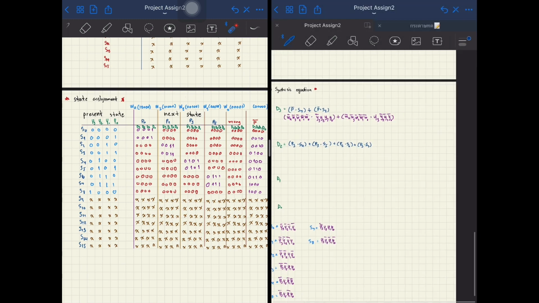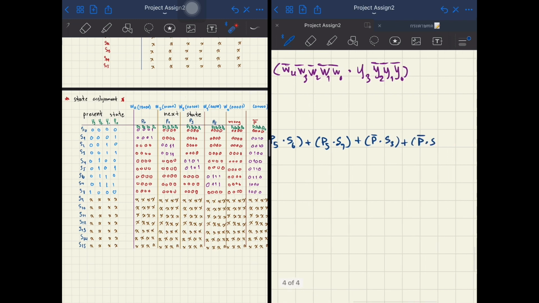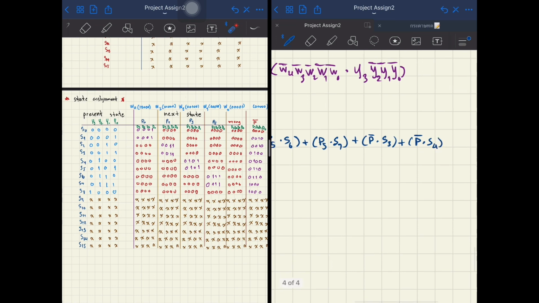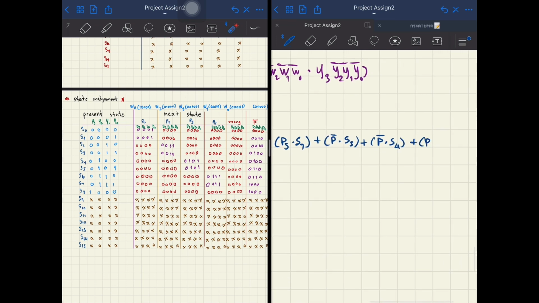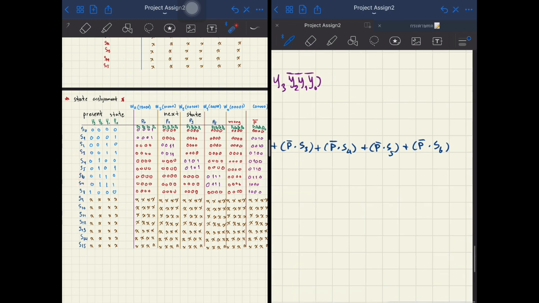So it is until state 6: not pressed and with state 3, not pressed and with state 4, not pressed and with state 5, not pressed and with state 6, right? State 6 is here, state 3 is here, and okay.